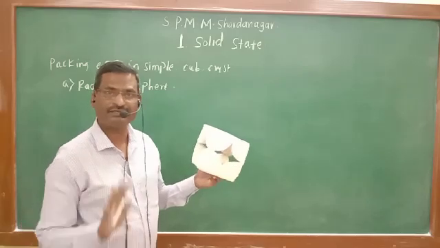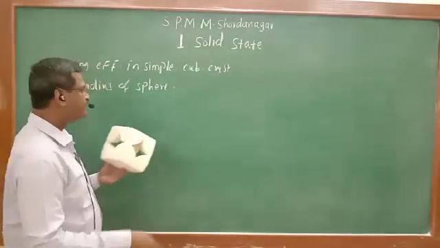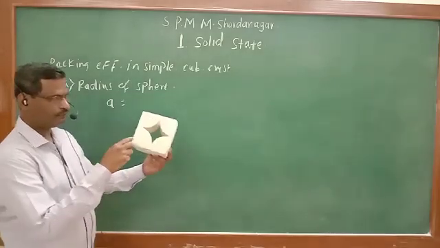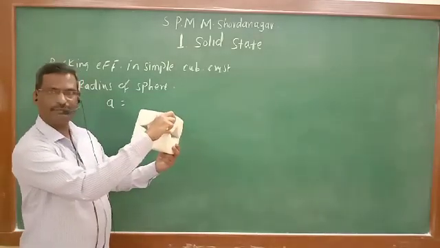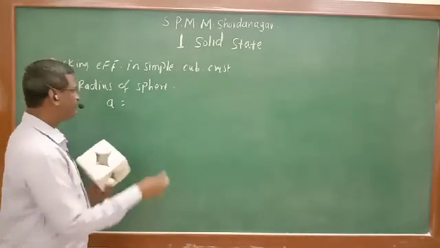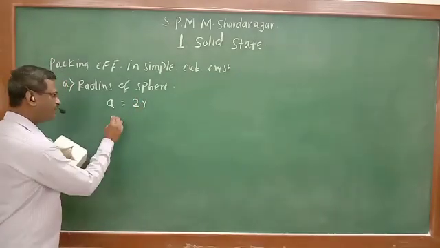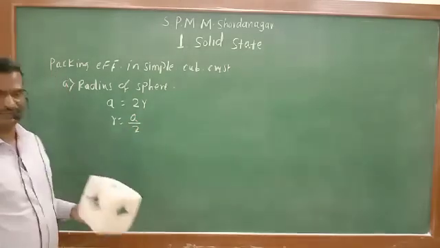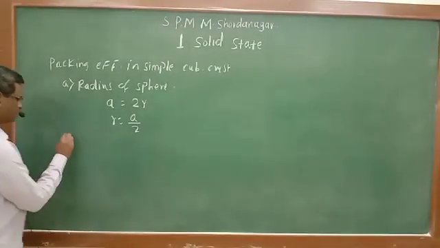Length, height, width are same in the simple cube. So this is the edge. Let us consider edge length a will be equal to, this is radius of one particle, this is the radius of another particle, 1/8 portion, 1/8 portion, which means it is equal to 2r. And from that, radius will be equal to a by 2. It is the radius.